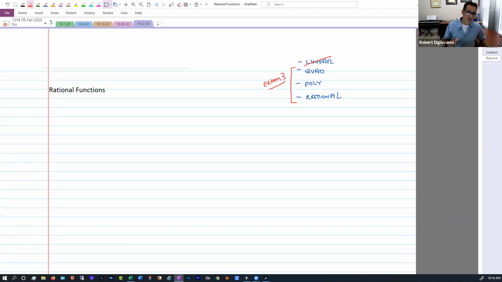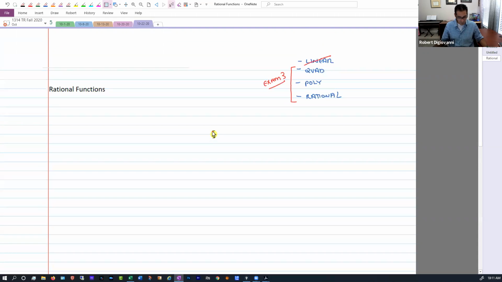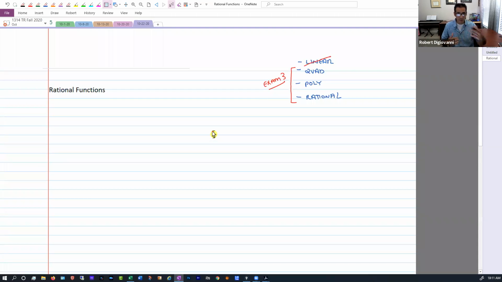Rational functions are the most problematic. They have the most stuff happening, and they're the most confusing. So we're going to do the best we can. I'm going to try and present it in a way that makes sense, and we'll have a set of steps, and we will go through the steps and see how it goes.